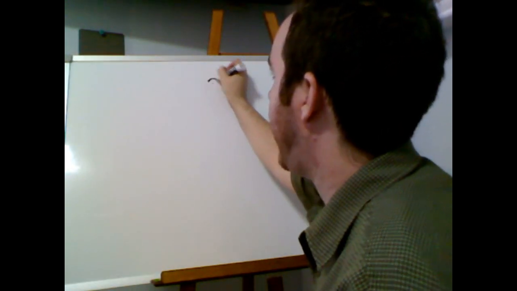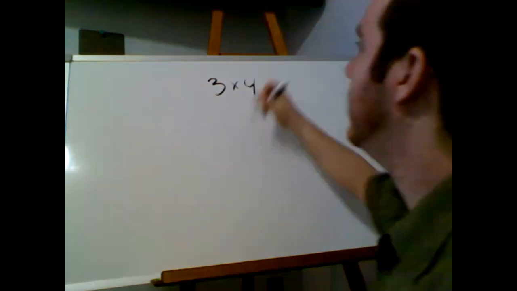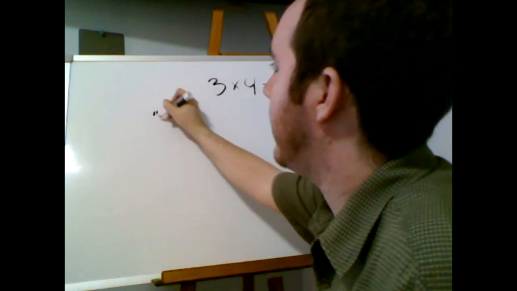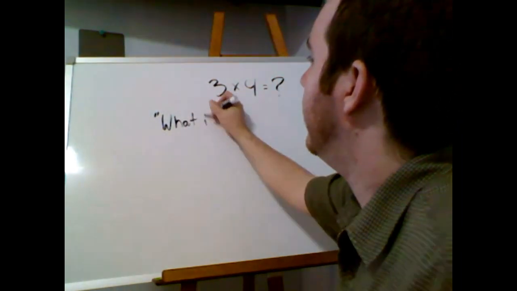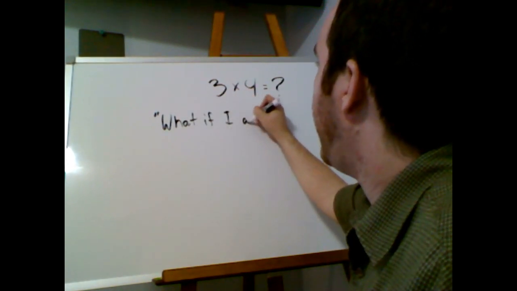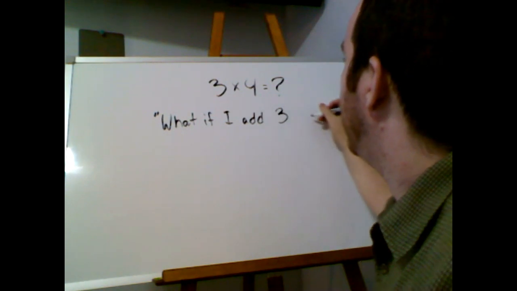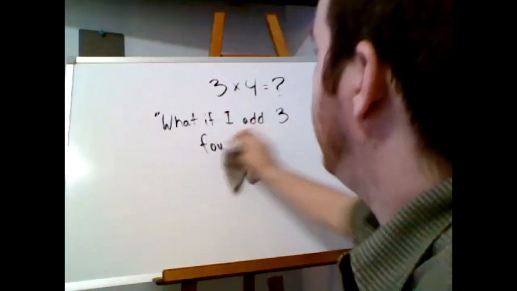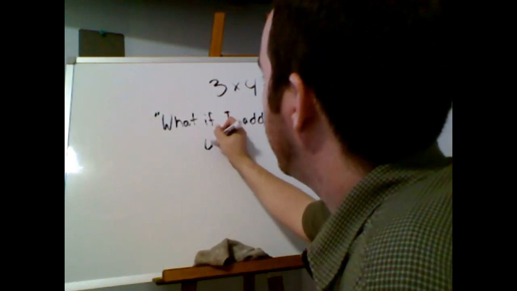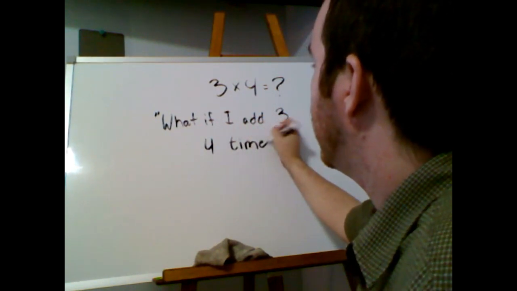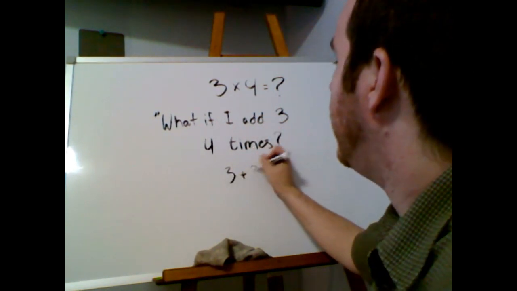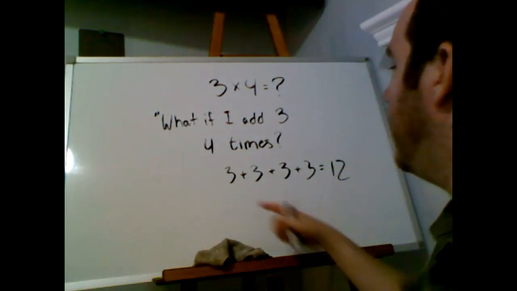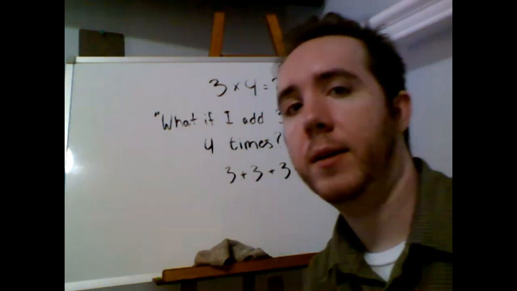I could write it just like this. But another way is, we could say this. What if I add 3 4 times? You get 3 plus 3 plus 3 plus 3. And that's going to be 12. 3, 6, 9, 12. Simple enough idea.